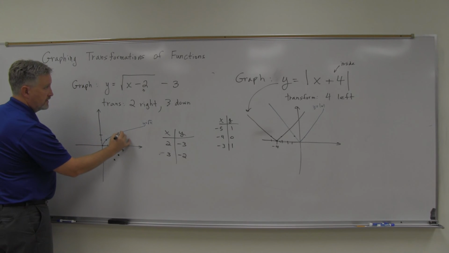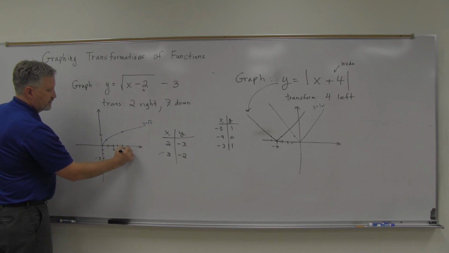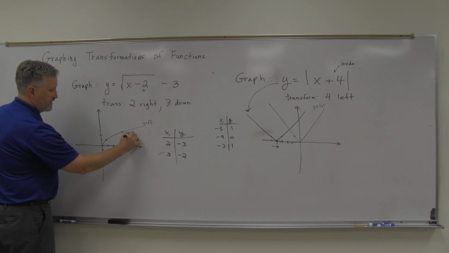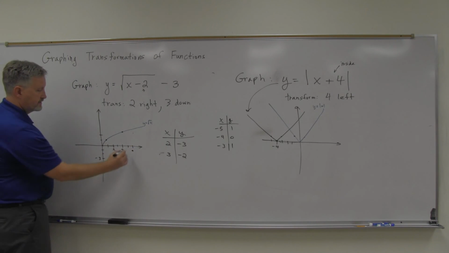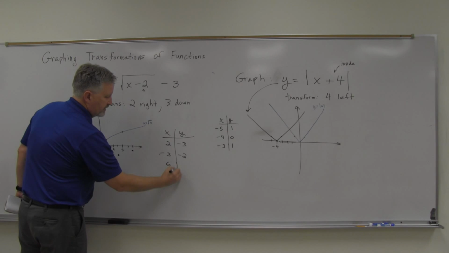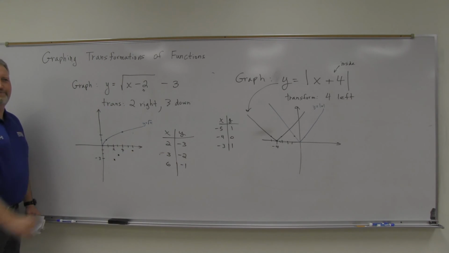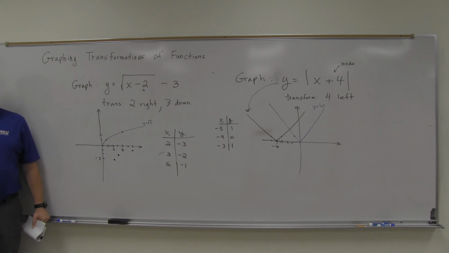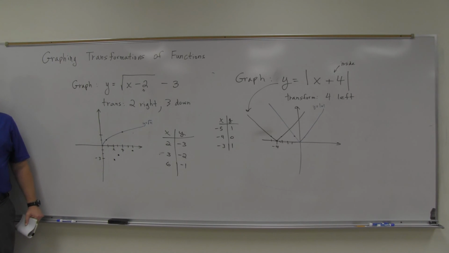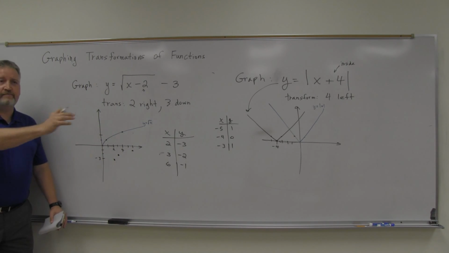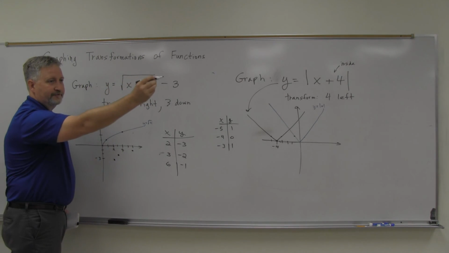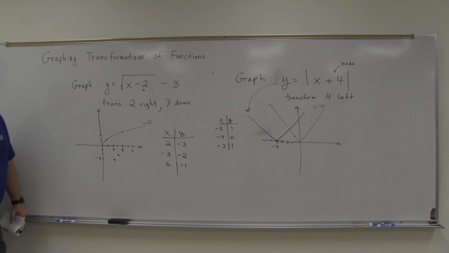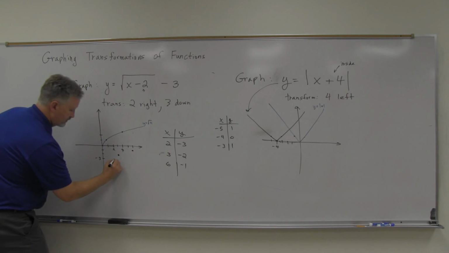So if I do 2 to the right and then 3 down on it, it'd be a -1, wouldn't it? So that's 6 and -1. You can do whatever points you want here. I'd like to see at least 3 points on that, because that kind of gives you the shape. I mean, you know the shape, but it narrows it down and gives you a more exact graph. More exact, yes.